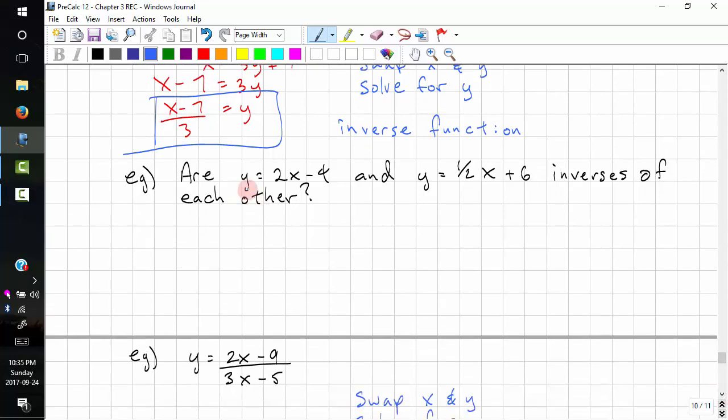Are y equals 2x minus 4 and y equals 1/2 x plus 6 inverses of each other? Well, we have to do the inverse calculation on one of the equations and check to see if it matches the other equation. So we'll take this one, x equals 2y minus 4. Bring the negative 4 to the other side, it becomes plus 4.